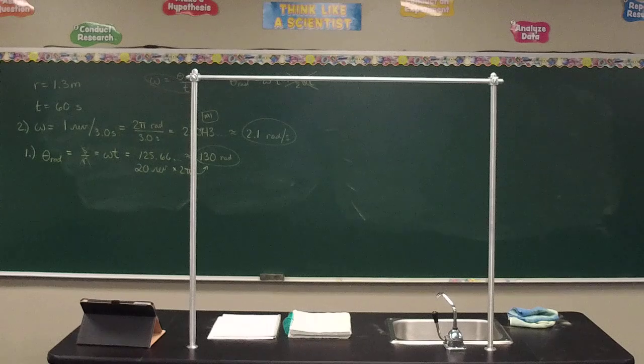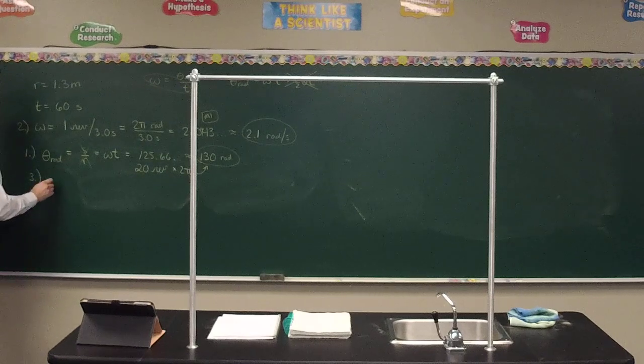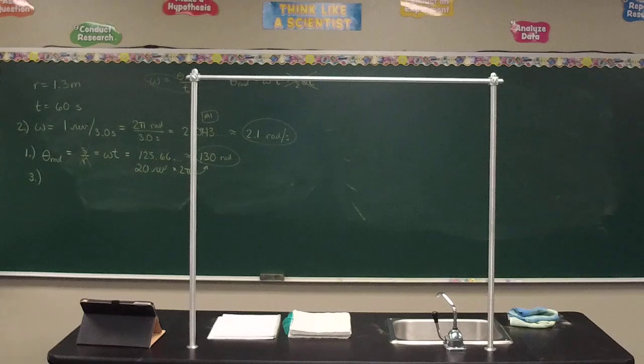Questions on the first 2 parts? Now for the easy stuff. Number 3 wants the linear displacement. How do we represent linear displacement? Meters, well, that's the unit. How do we usually represent displacement? The theta rad? No, that's angular displacement. Linear displacement, from me to you: D, right? D for displacement.